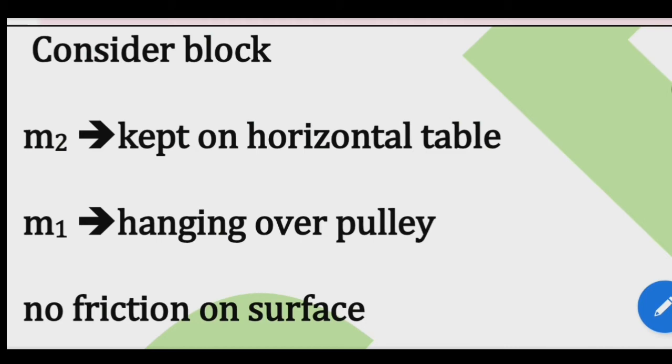For M1 hanging over the pulley, with no friction on the surface, the forces acting on mass M1 are the downward gravitational force M1g and the tension T acting upward.